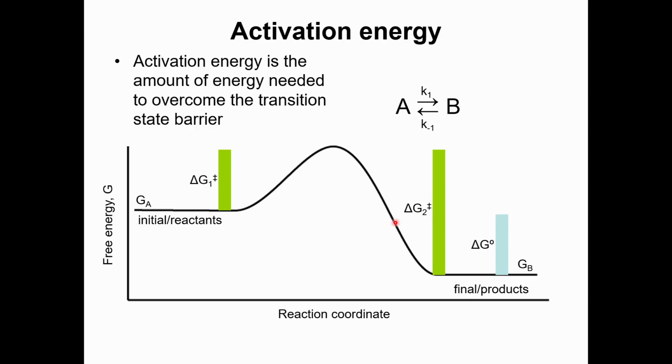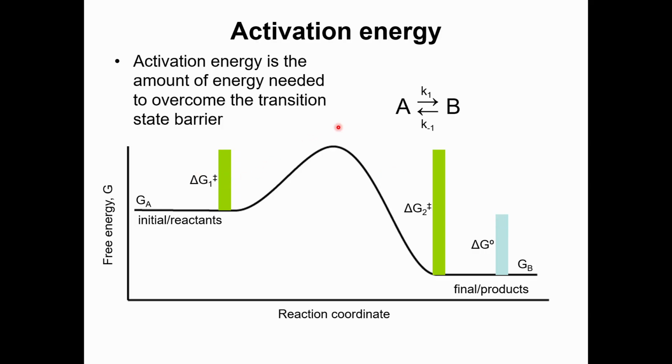You can see that the energy of the products is lower than the energy of the substrate, the reactants here. That means this is an energetically favorable chemical reaction. It can go all by itself, and the degree of favorability is measured by delta G, the difference between this level of energy and this level of energy.